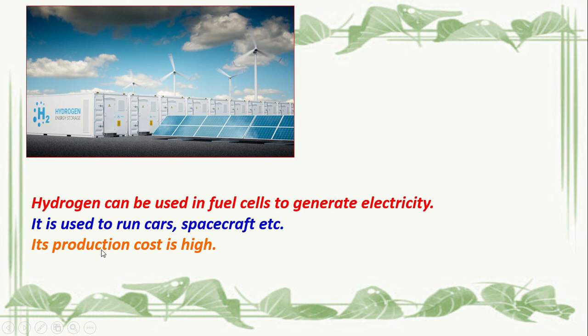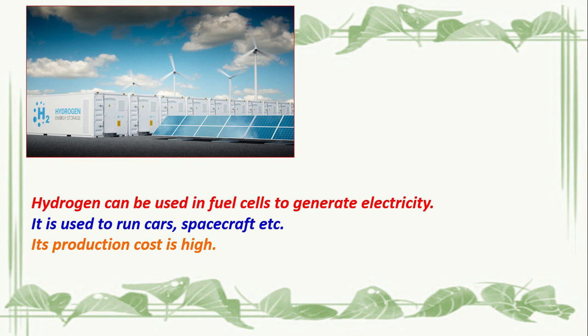Next comes hydrogen energy. Scientists have identified hydrogen as another form of renewable energy source. It is the most abundant element in nature, but it does not exist separately as a gas.